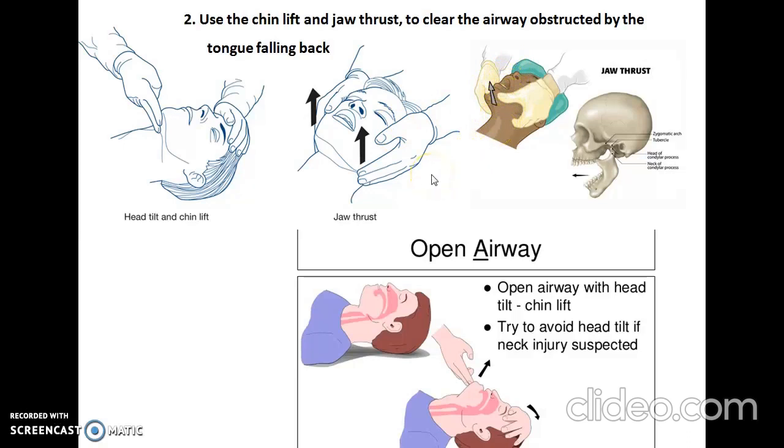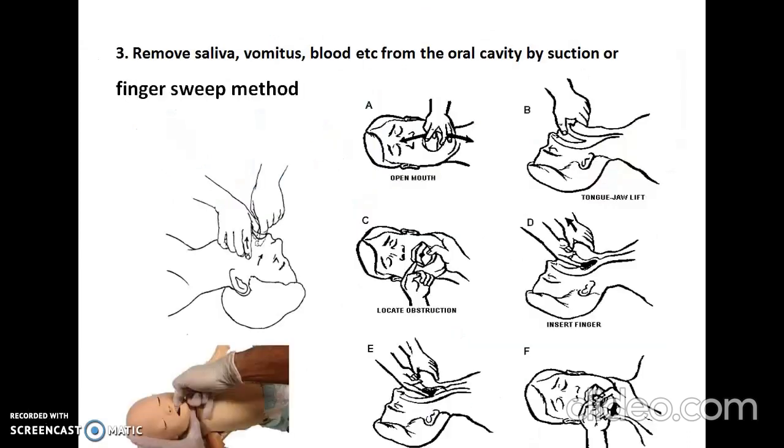But while using this open airway technique, try to avoid head tilt if neck injury is suspected. In other cases, with the help of opening the airway, passage of air becomes easier. The chin lift and jaw thrust technique can be used to prevent the tongue from falling back, whereby the obstruction can be overcome. While doing that, you should follow some precautionary measures.